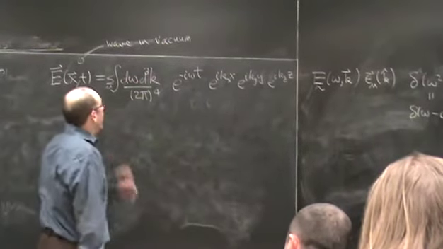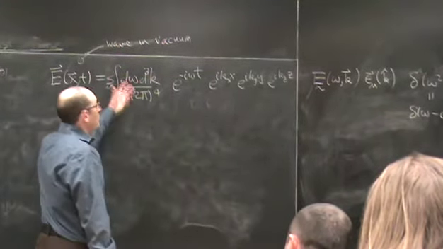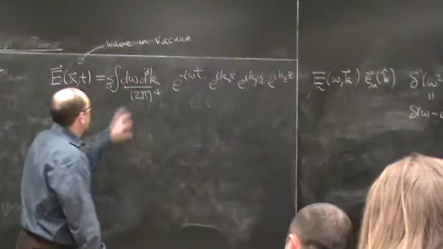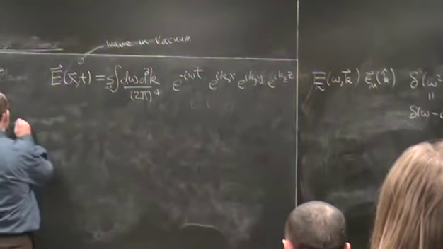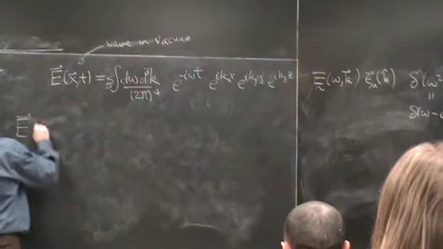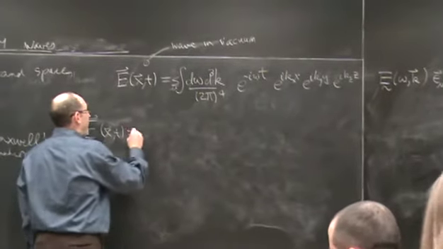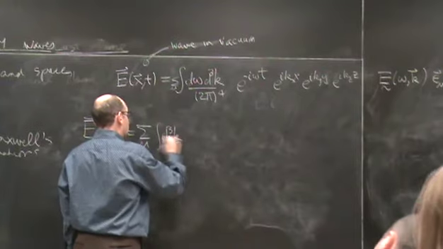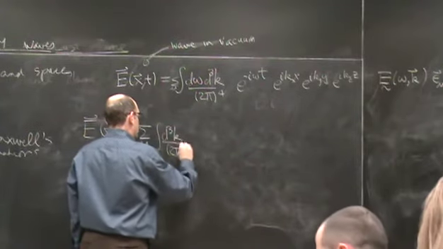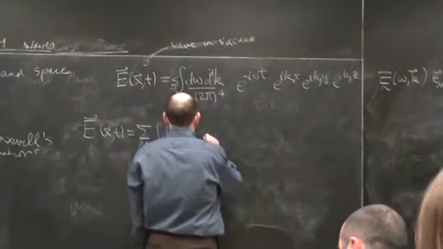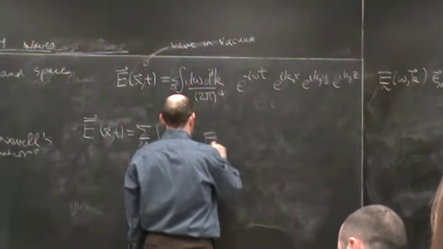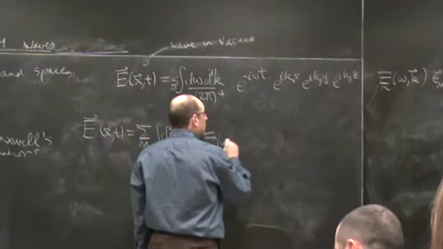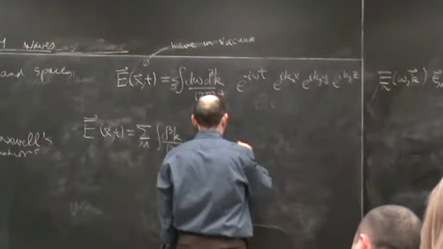So now we can do the integral over omega, because omega and k are not independent. So let's do it. Tedium: d^3k over 2 pi, of delta of omega equals ck.